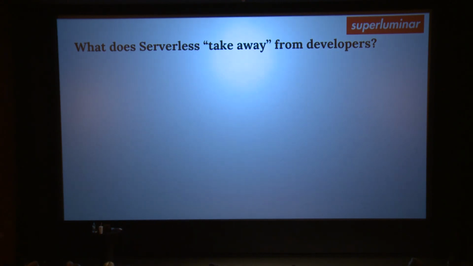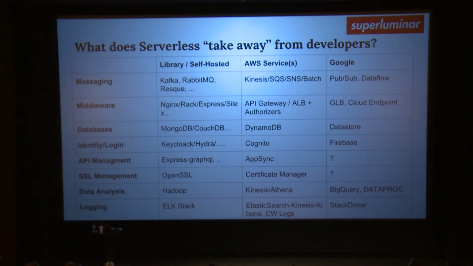I made a small list. It's not really comprehensive. Can we see it? Yeah, here is something like a category in this column, and in the rows I have: this is what we used to do, like libraries and self-hosted stuff, and now we're getting services from our cloud providers, as an example from AWS and Google.